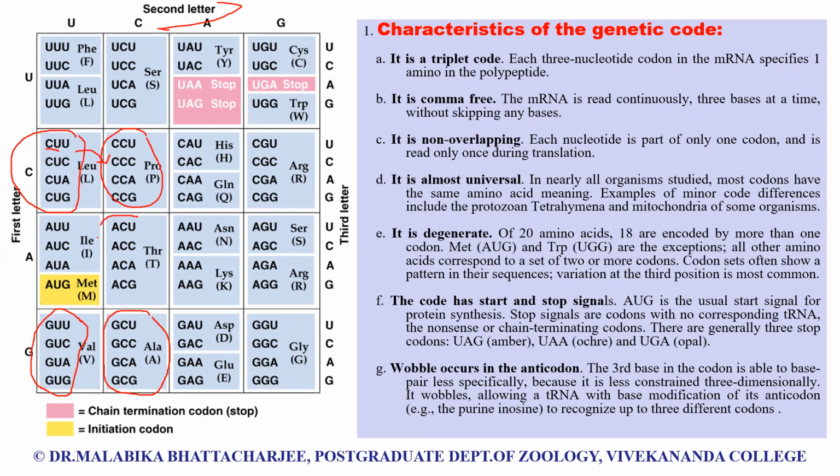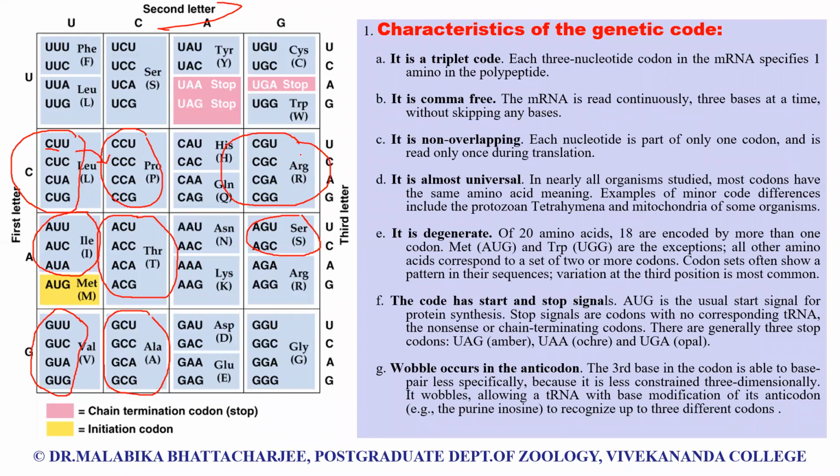A similar picture in the case of threonine, the first 2 bases are constant. A similar picture in the case of isoleucine, first 2 bases constant. A similar picture in the case of serine, first 2 bases are constant, U and C have changed in the third base. A similar picture in the case of arginine, first 2 bases constant, the third base has changed.